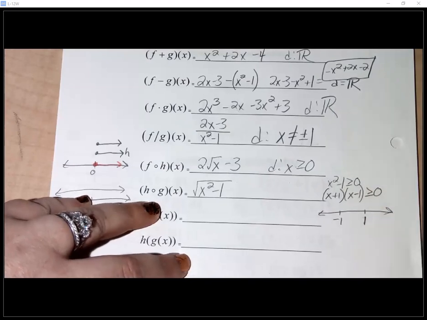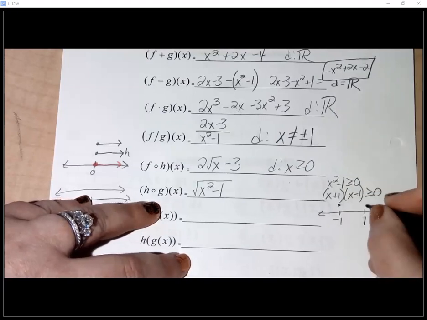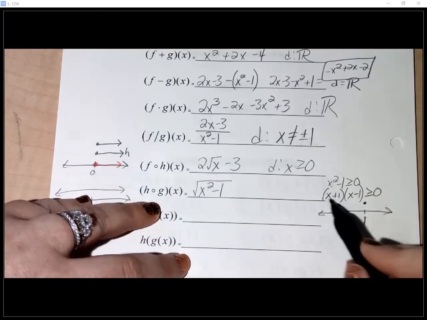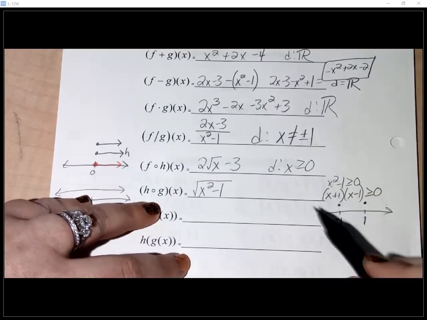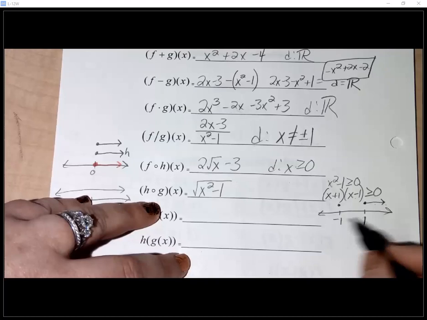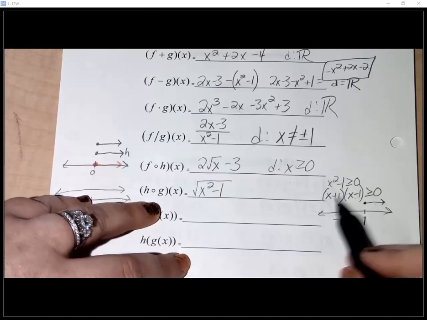Could I have +1 and -1? Yes, I can, so I'll put solid dots at those. Could I have another number bigger than 1 and still keep this positive? If I had 2, for example, yeah, it would still be positive, so I can have those. I'm going to take a number in between -1 and 1, like 0. If I plug in 0, it goes negative.